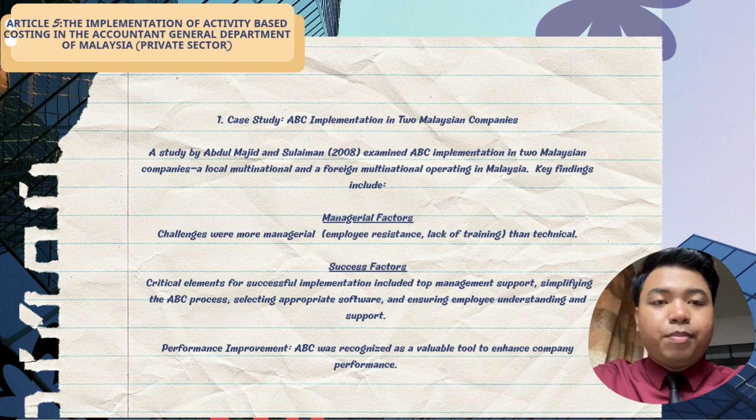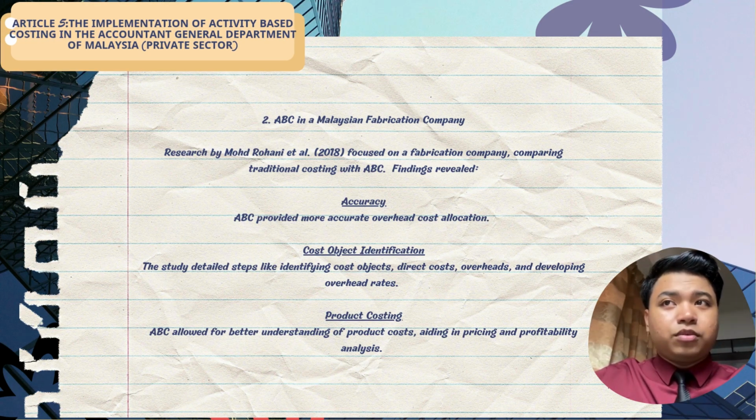Third, impact. Both companies reported better control over cost and more accurate product costing, which helped in strategic planning and performance improvement. Number 2, ABC in Malaysian Fabrication Company by Muhammad Rohani, 2018.